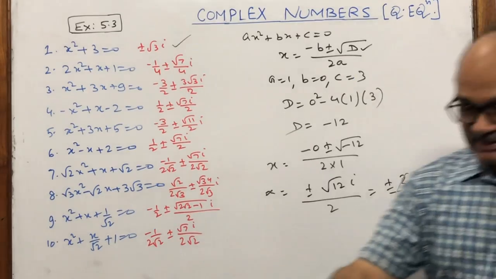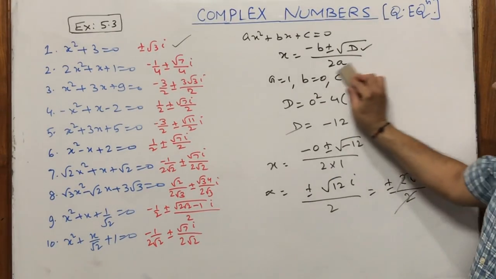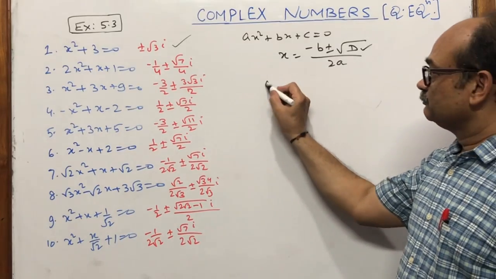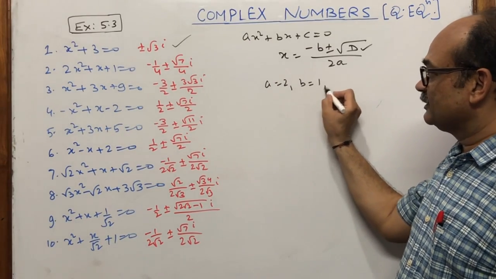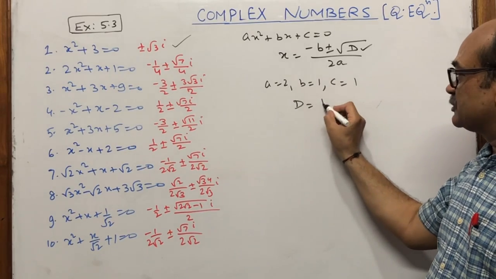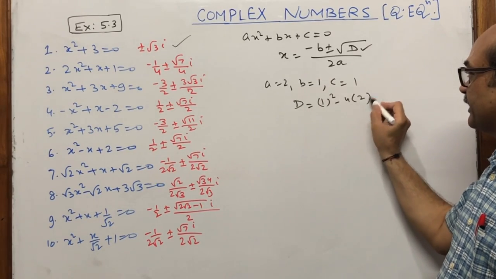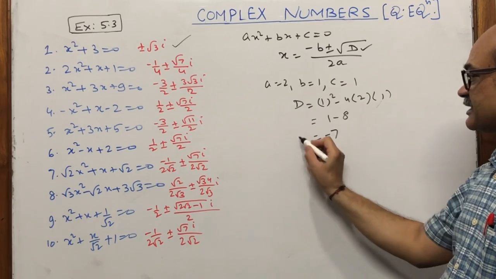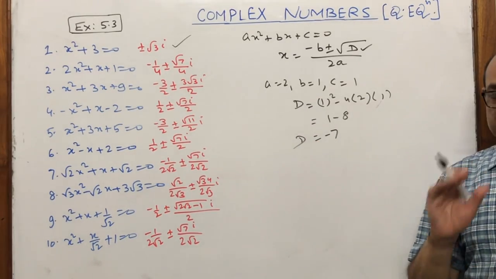Easy? Good. Second sum. A is 2, B is 1, C is 1. First we calculate D. B square minus 4AC, 1 minus 8, that is minus 7. D is minus 7.